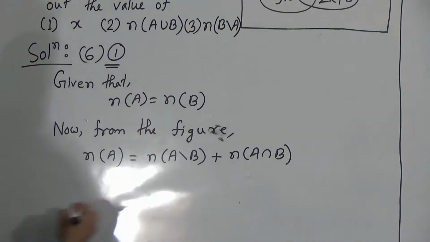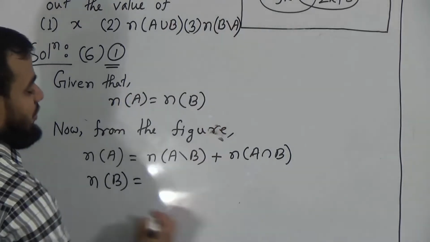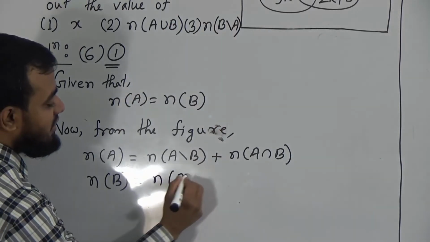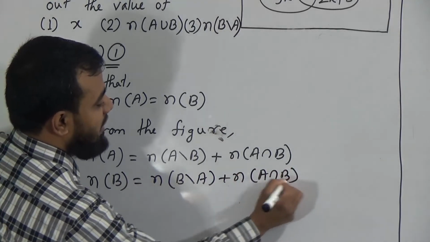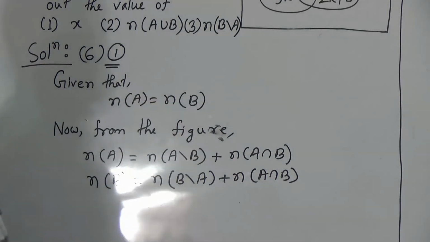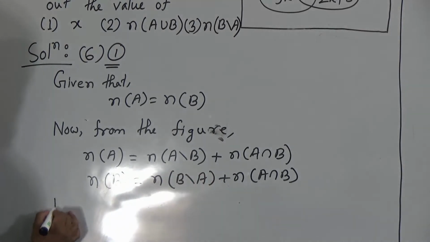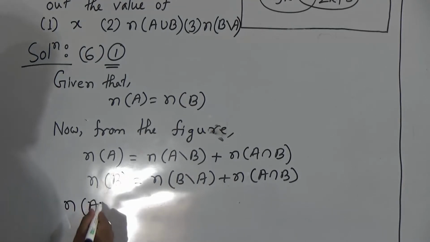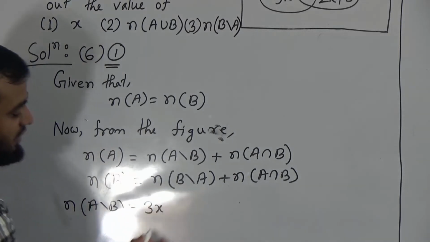And also from the diagram, n of B equals what? n of B equals n of B delete A plus n of A intersection B, my dear students. Okay, now dear students, in the figure it's clear that n of A delete B equals what? The number of elements of A delete B, given in the figure, is equal to thrice X, okay.